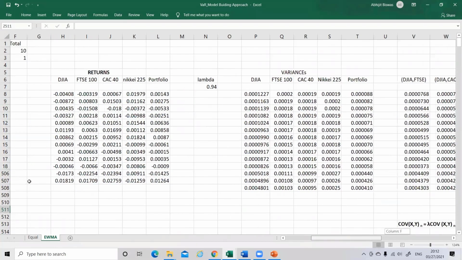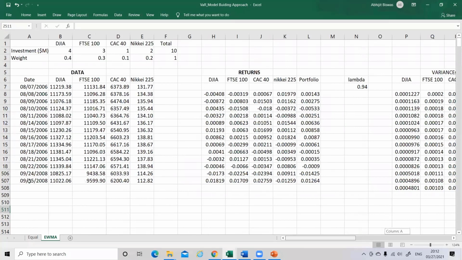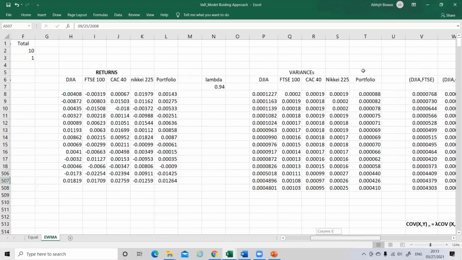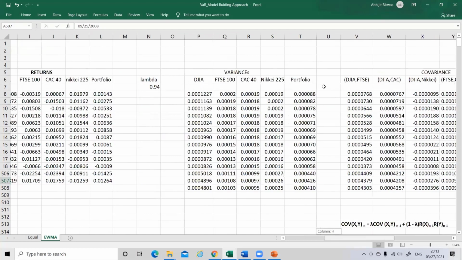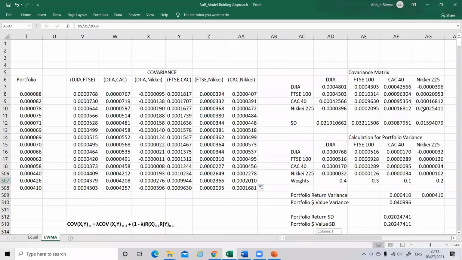The data is given till 25th September. But I now want to create the covariance matrix for 26th September. So that is what I am going to do now. Please understand, these are all covariance numbers for 26th September, right?